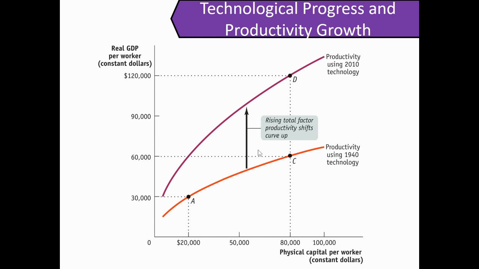Holding technology and human capital fixed, quadrupling physical capital, going from here to here, just raising physical capital would take us from A to C, right? That would take us from A to C. But increasing the human and technological capital will give us a greater shift upward.